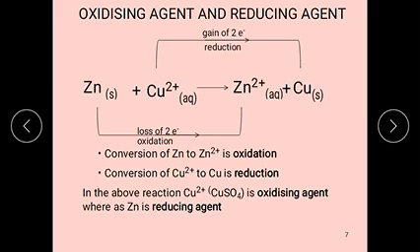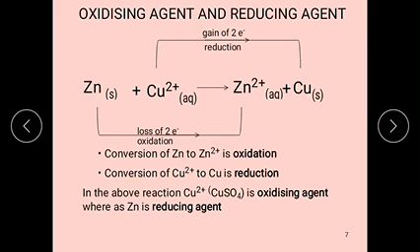The process of decreasing the oxidation number, here plus 2 to 0, is also a reduction reaction. This reaction contains both oxidation and reduction, so it is a redox reaction.